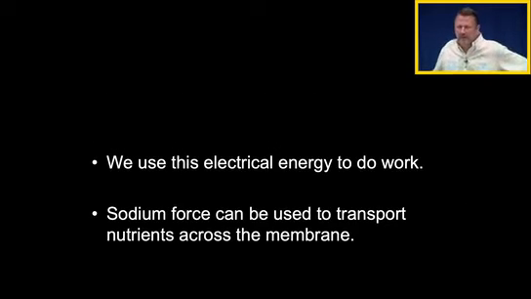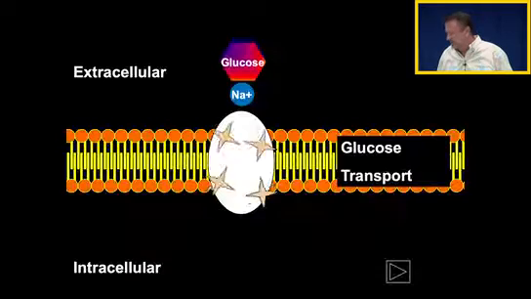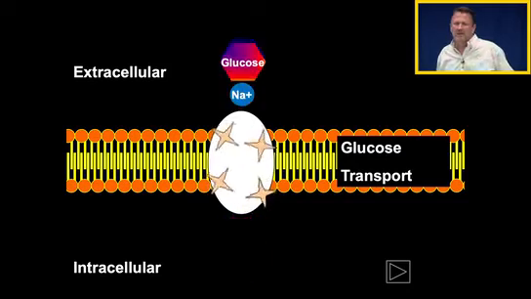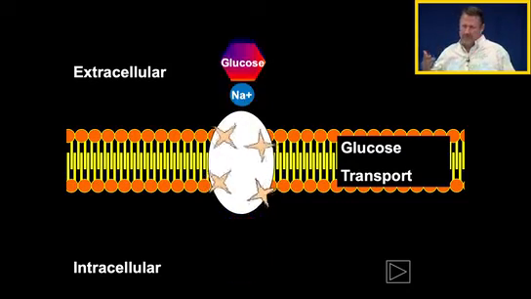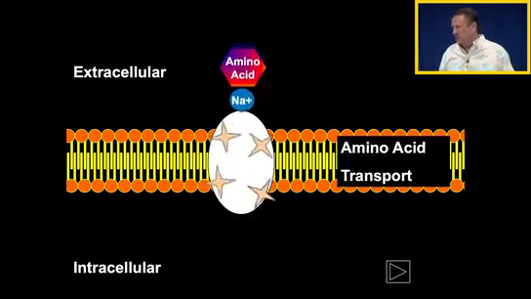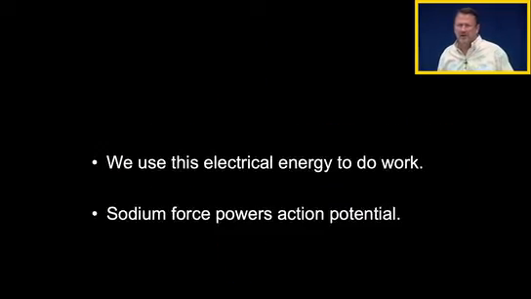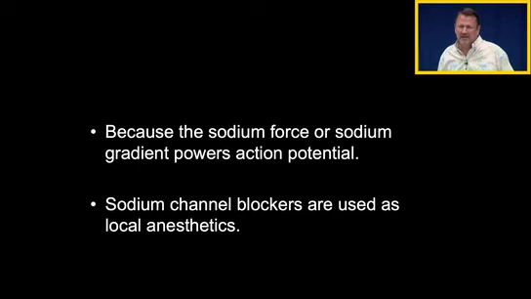And then we use that electrical energy to do work. So the sodium force can be used to transport nutrients across a membrane, and we showed you this in the second lecture: this sodium force drives glucose as well as amino acids into the cell through facilitated transport. And we can use this force to do work as an action potential.